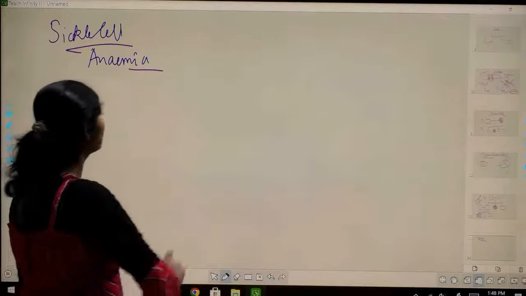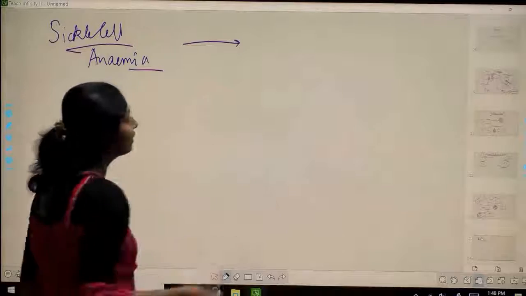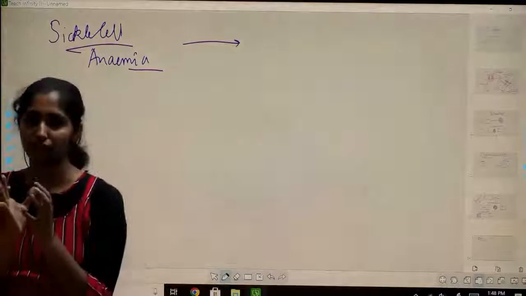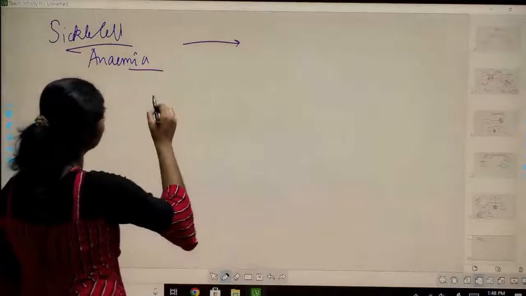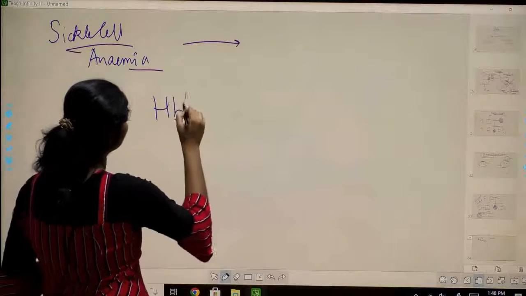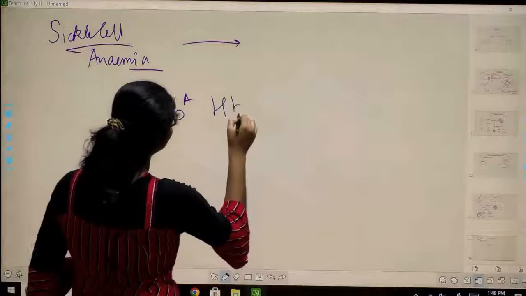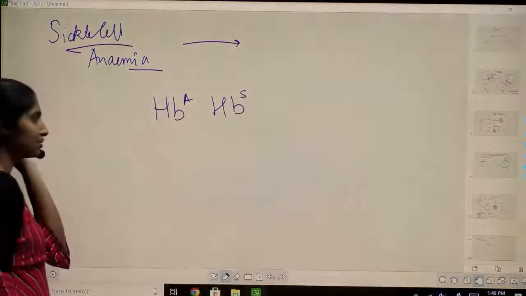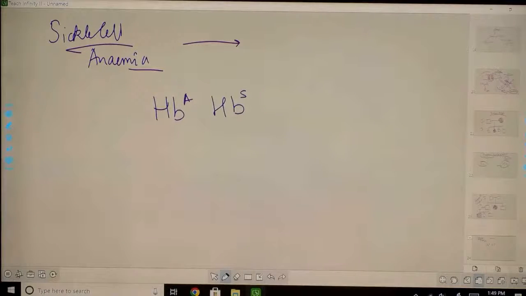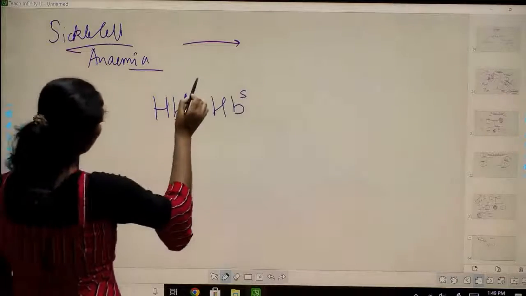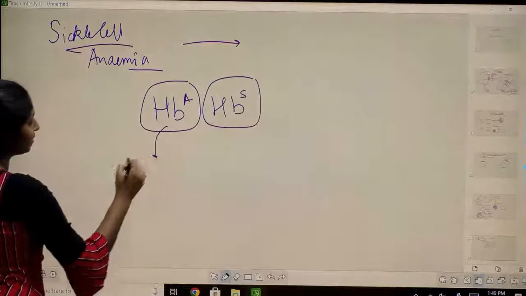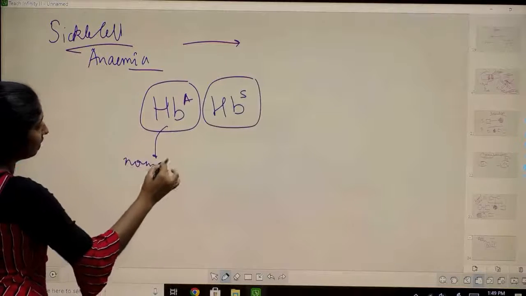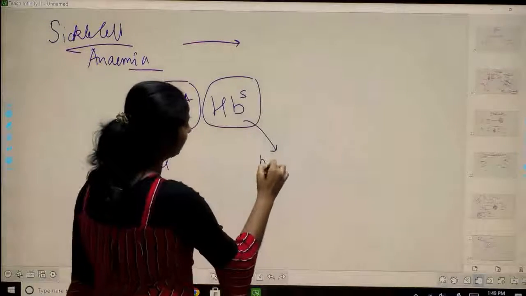In sickle cell anemia, the RBCs adopt a sickle cell shape under low oxygen conditions. So here we have two alleles, HBA and HBS, right? HBA is the normal allele, whereas HBS is the mutant allele.